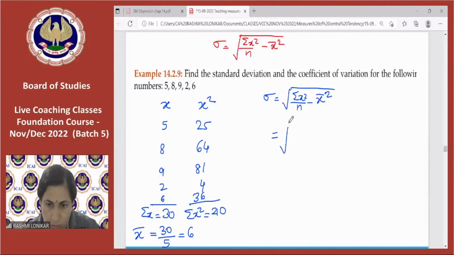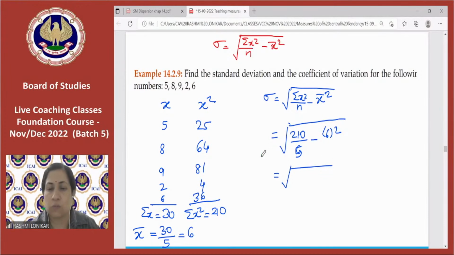So this is equal to the square root of x square, which is 210 upon 5, minus x bar, which is 6, so 6 square. So how much is this? 210 upon 5 is how much? 42, and 6 square is 36.